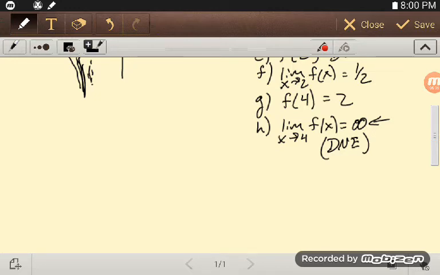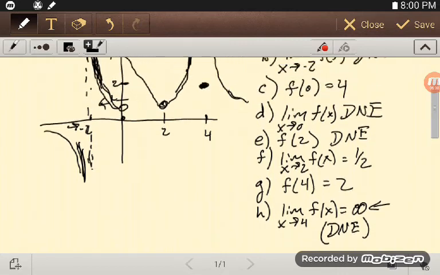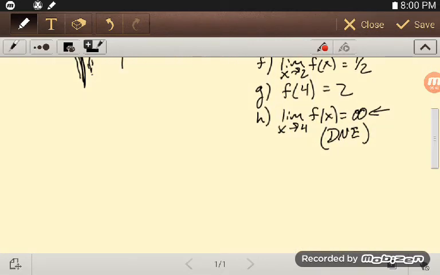Then what was the other one? What did I say? 28? Yep, 28. So on 28, it says sketch a graph of a function that satisfies these various things. So we're told that f of negative 2 equals 0. f of 2 equals 0.